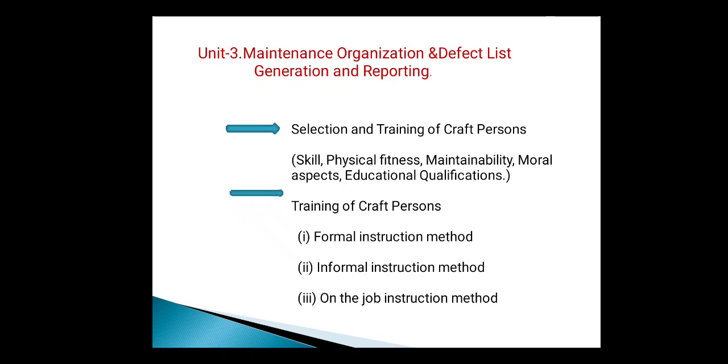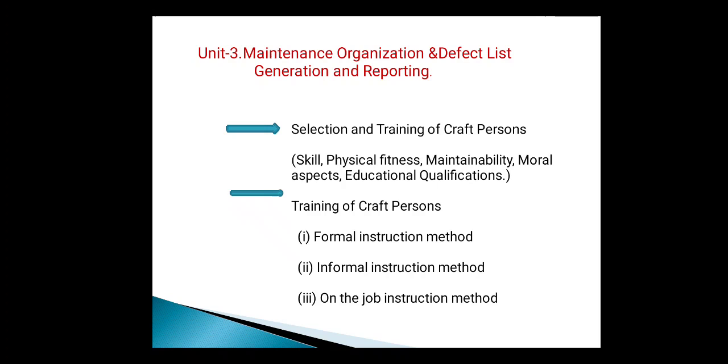The next is the informal instruction method. This consists of spot exposure of the person to some phases of plant activities. It takes the form of lectures, slides, some movies, and trips to provide instruction on particular equipment.